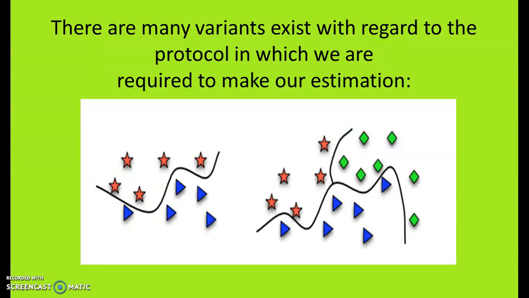There are many variants with regard to the protocol in which we are required to make our estimation. So here we have a complex scenario where we have to categorize on multiple criteria, and then we need to classify them as best as possible.